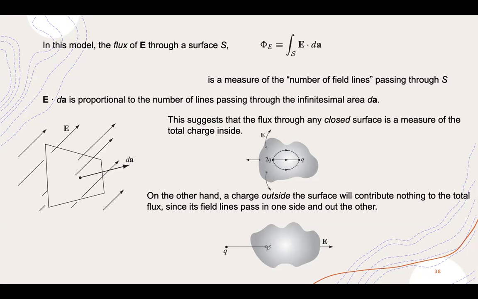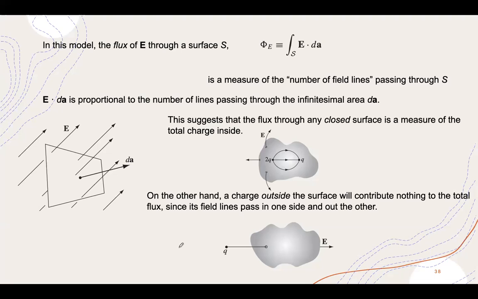But here one is incoming and one is going out, so it contributes nothing to the total flux. Total flux is going to be 0. So this is going to be more clear. I will give you some numerical problems on that.